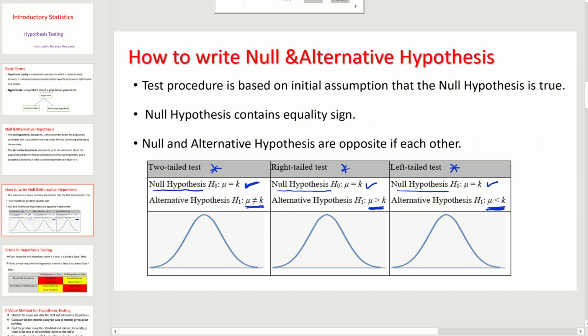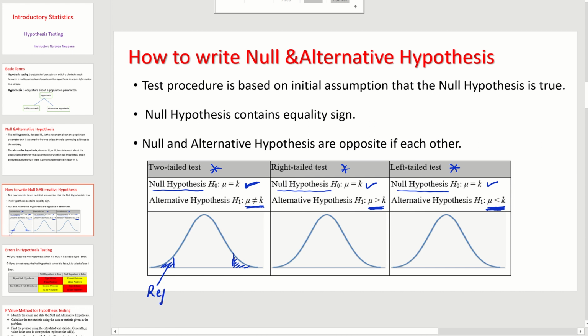Let me show you here. I have three normal curves here, one for each case. In the case of a two tail test, when we say not equal to, your rejection region will be at the end of the tail, at both tails. This is the rejection region.